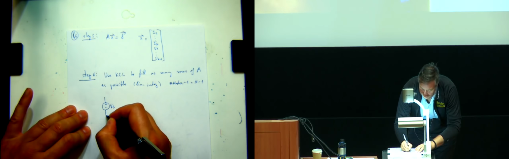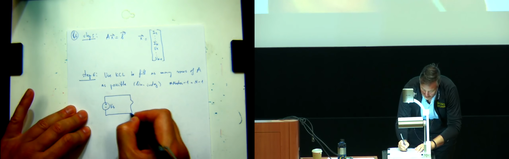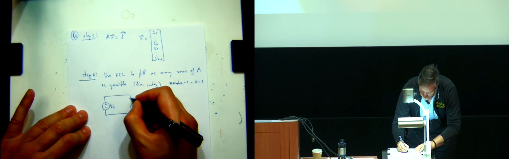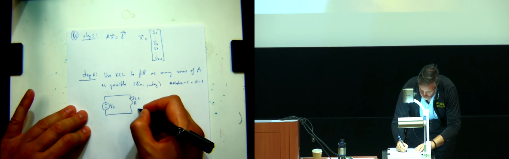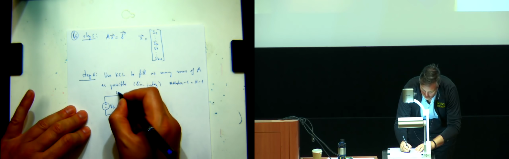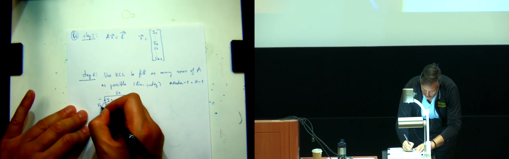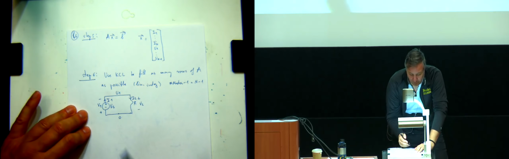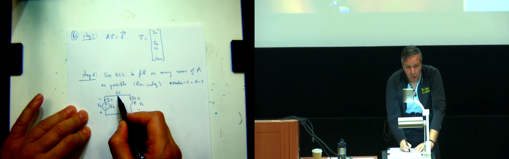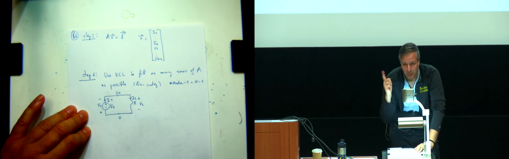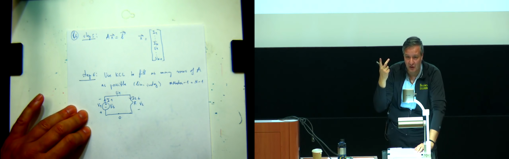Plus minus Vs. I have R. I have I2. Plus minus V2, U1, 0, I1, plus minus V1, right? And so from here, if I apply KCL to the top node, I only need to apply it to one node because I have two nodes in the circuit, right?